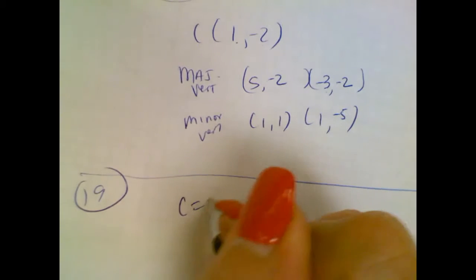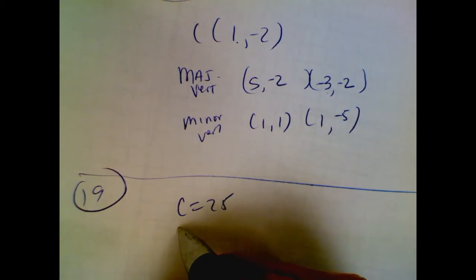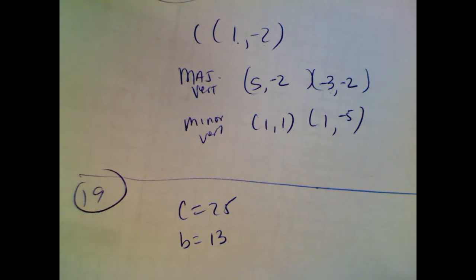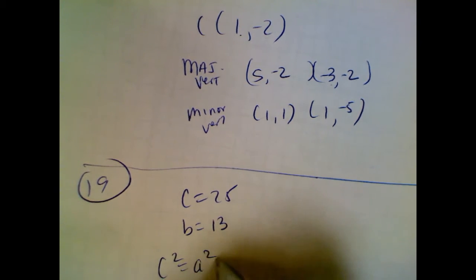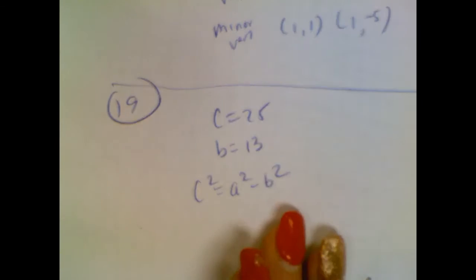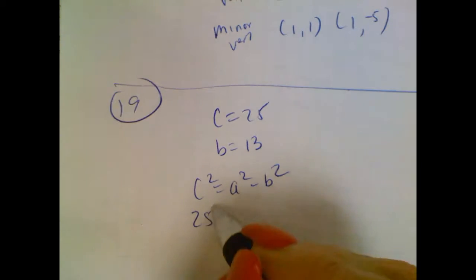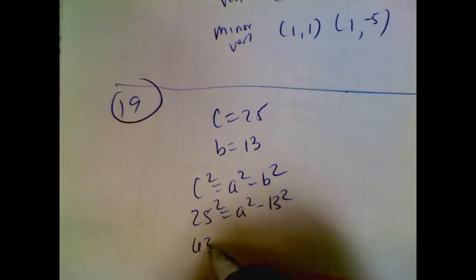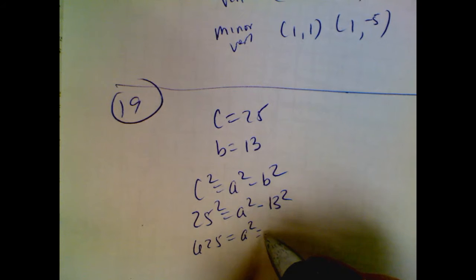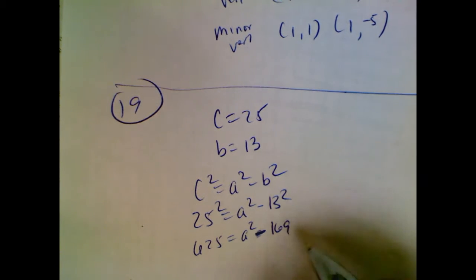So what we know from this problem is that c is 25, that's center to foci, and that b is 13, that's center to the ceiling. So how do I find a? We use our foci formula. So 25 squared equals a squared minus 13 squared, which is 625, and this is 169.